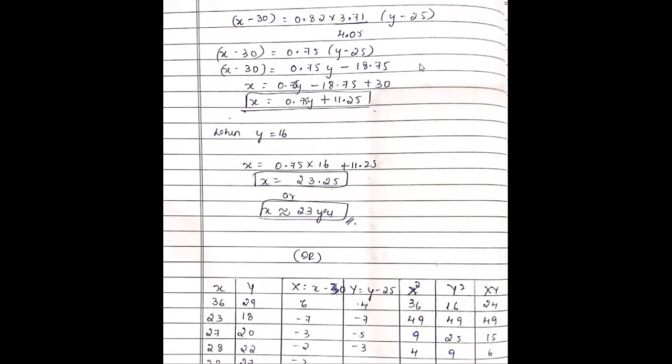We'll push it to the right side, makes it plus 30, and we'll add the constants. So that turns out to be x is equal to 0.75y minus 18.75 plus 30, which is 11.25. We got the second regression line, x on y, that is x in terms of y. So these are the two lines which it is asking.